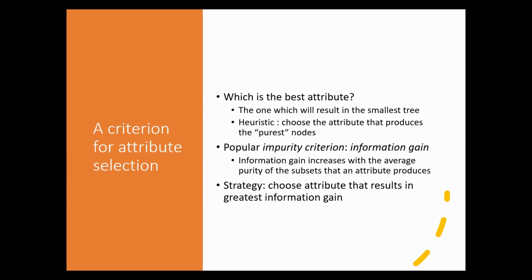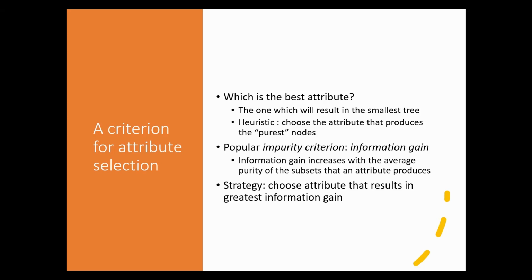If you want a small tree, the idea we want to highlight here is that we want to get the attribute that produces the purest nodes. What we have seen earlier is a very simple graphical representation, but when you go to calculation, we need some mathematical basis. So in WEKA, for example, they are using information gain.